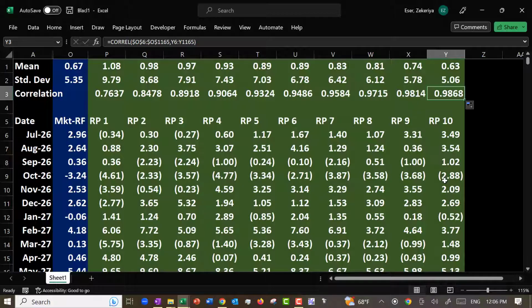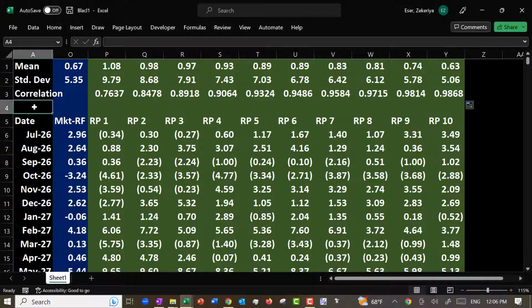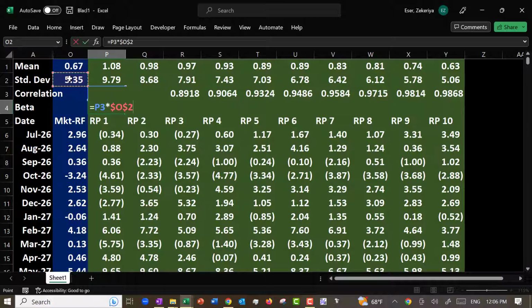Let's look at the beta. Beta is correlation times standard deviation of the market portfolio divided by standard deviation of the portfolio at hand. Or is it the other way around? It's the other way around.